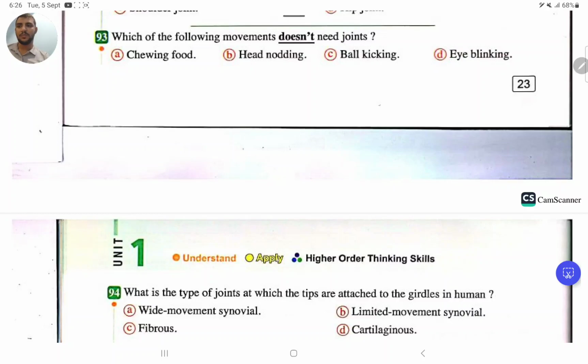Ball kicking, I move my foot to kick the ball. Eye blinking, guys, doesn't need a joint, because I move my eye like that. There are no bones here to determine the movement of eye blinking.